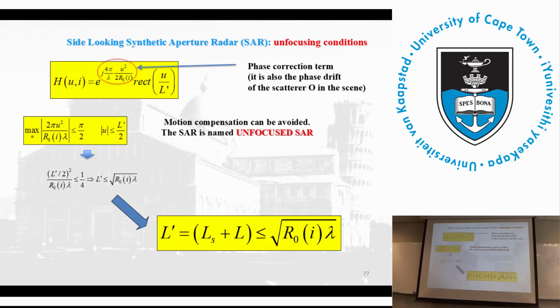So I want to know what happens if I form my image without performing motion compensation. So I basically neglect that. And now I'm looking for this phase rotation of pi divided by 2 that is induced by this term here, which I'm not compensating anymore.